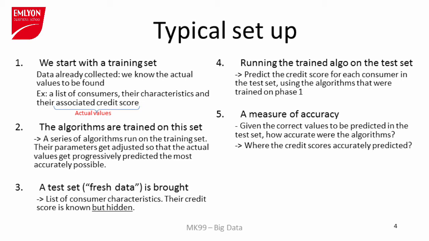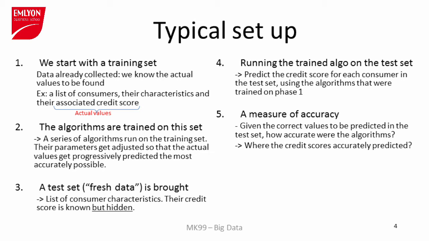For example, a list of customers, with plenty of information on each customer and their credit score. If the thing you try to predict is the credit score, you first have a training data set where you know the credit score of each customer.